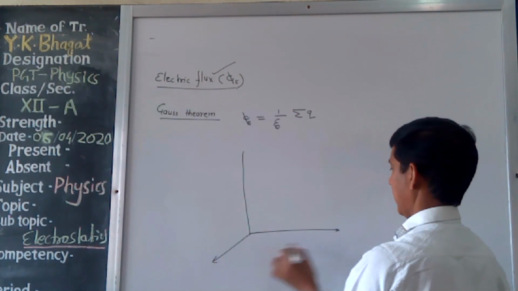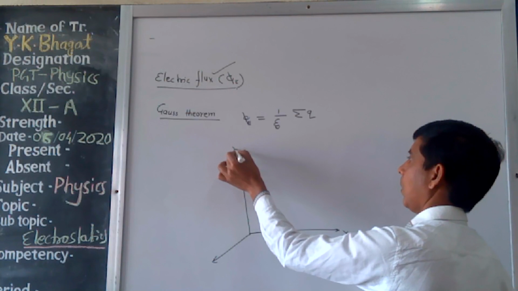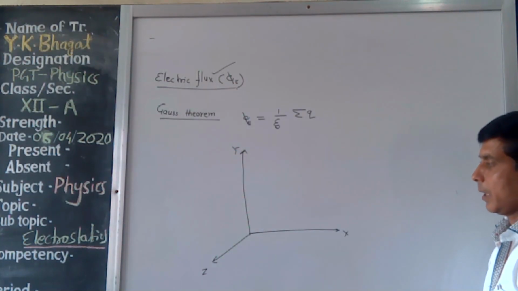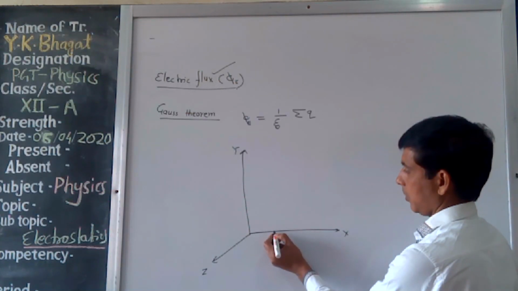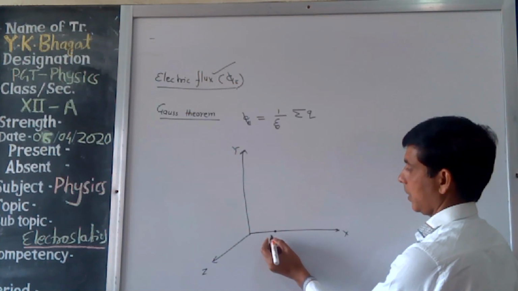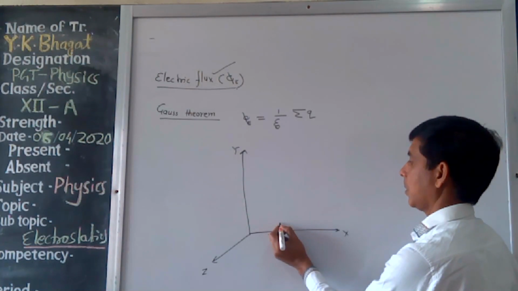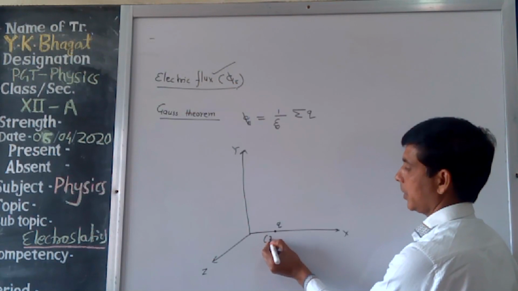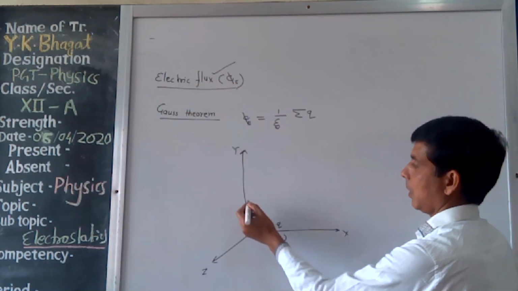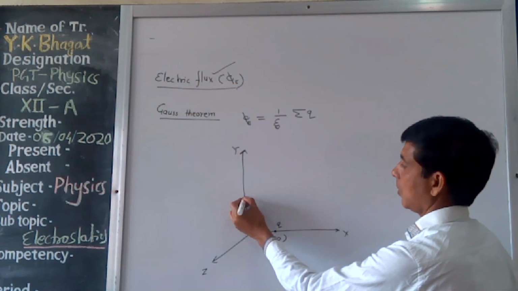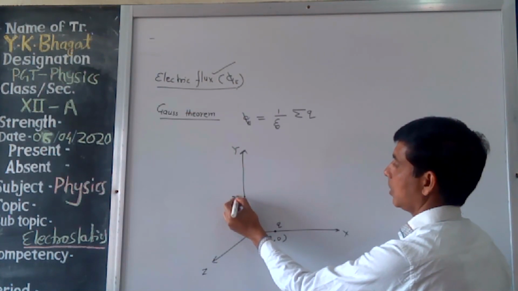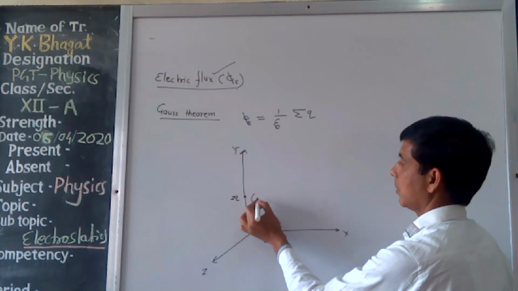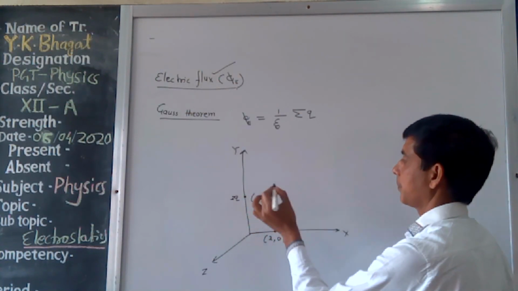You know about the x-axis, y-axis and z-axis. Two charges are present in their respective positions. Suppose q charge is placed here and its coordinate is 2, 0, and 2q charge is placed here, its coordinate is 0, 3.